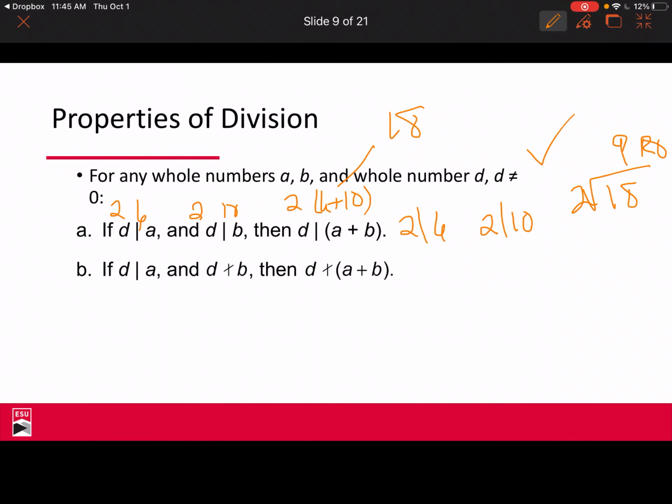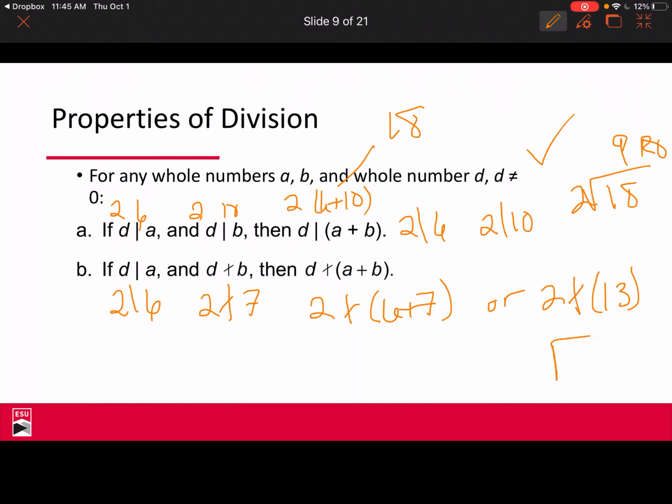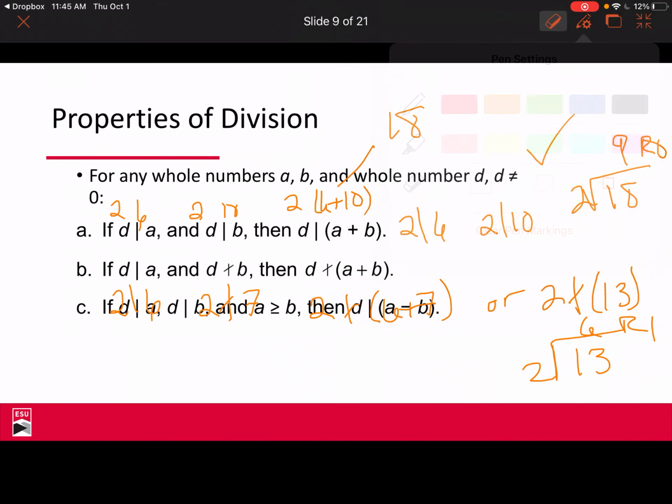For example, 2 divides 6, but 2 doesn't divide 7, then 2 should not divide 6 plus 7, or 13. That is true because 13 divided by 2 is 6, remainder 1.